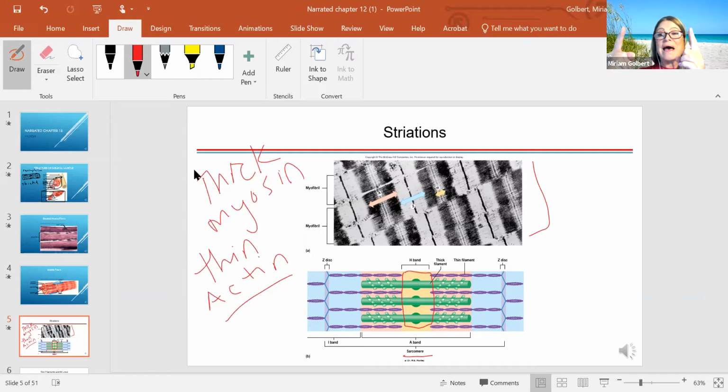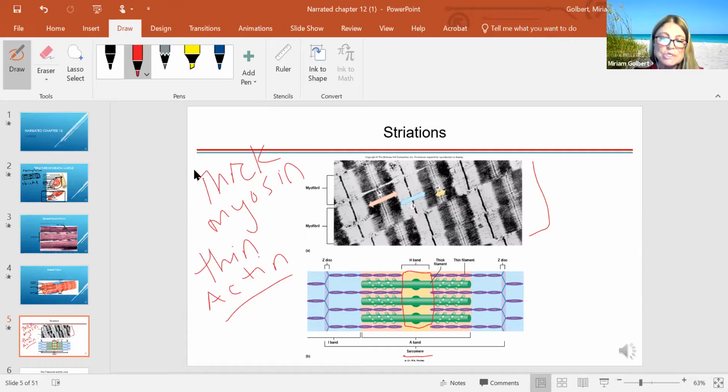We know that we have I bands at each side of the Z disc going toward the middle. And those are only thin filaments. Then we have the A band in the center, which has both the thick and the thin filaments overlapping. So we have myosin and actin overlapping. And in the middle of that A band, we have what is called the H band.